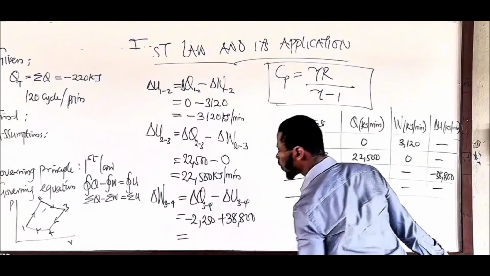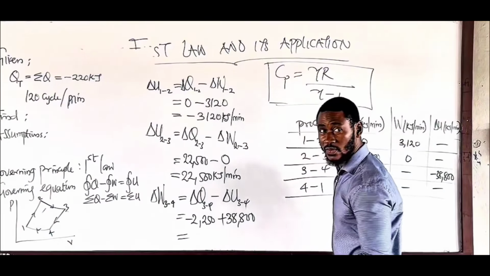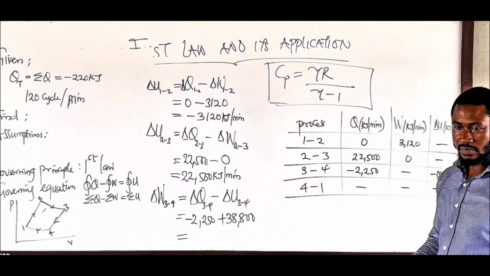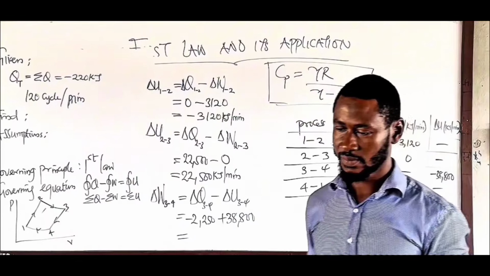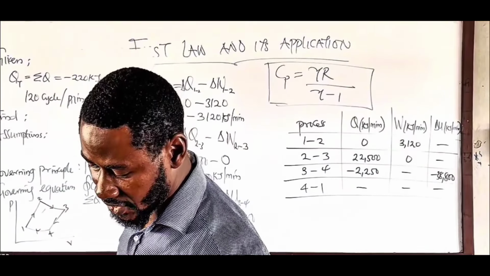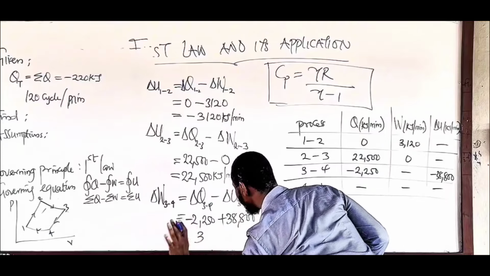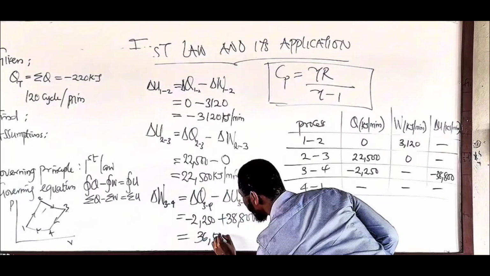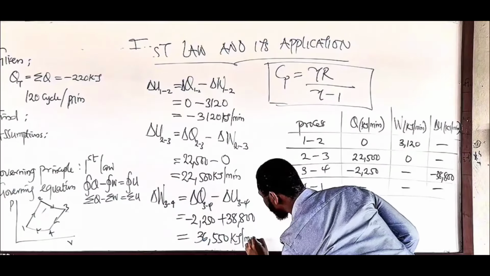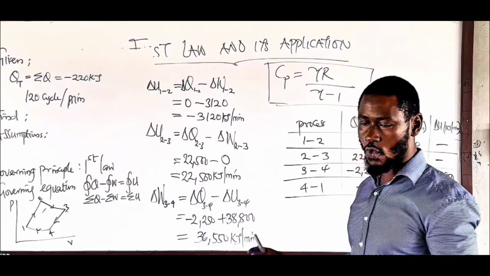By the time you punch your calculator, the new value we are going to have is 36,550 kilojoule per minute.